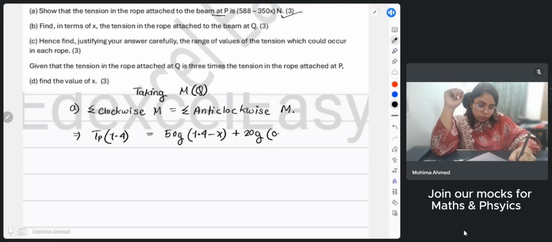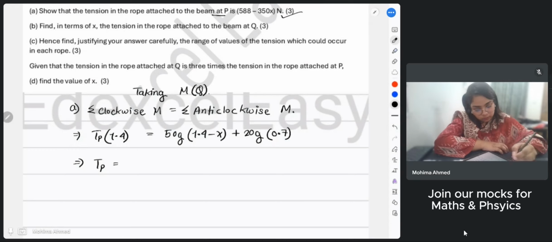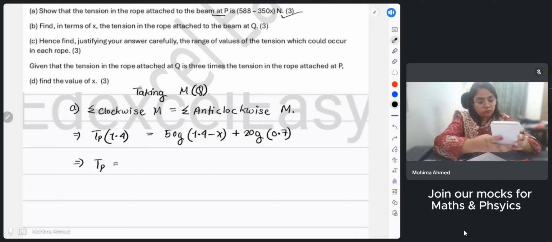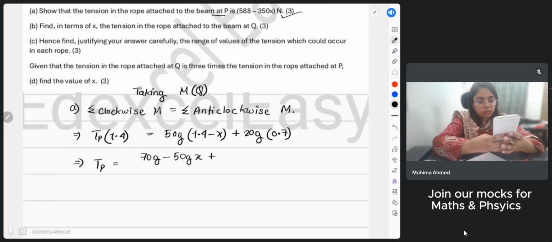Now in that case, TP is going to be 50g multiplied by 1.4, which is 70g, minus 50gx, plus 20g multiplied by 0.7, which is 14g.